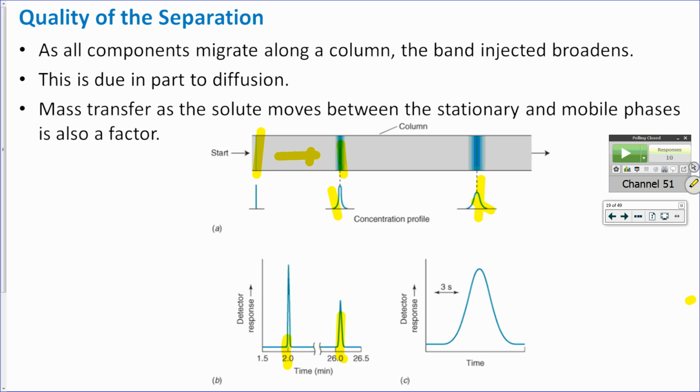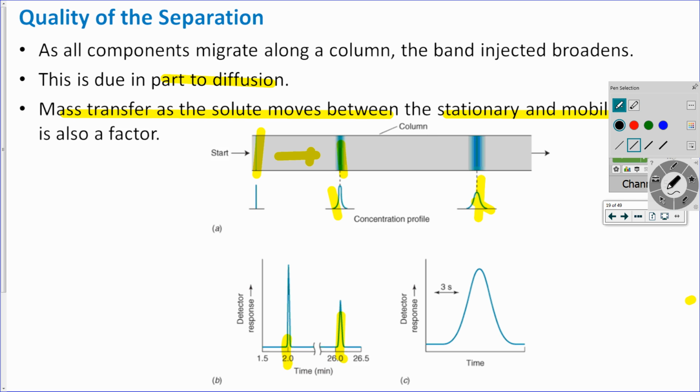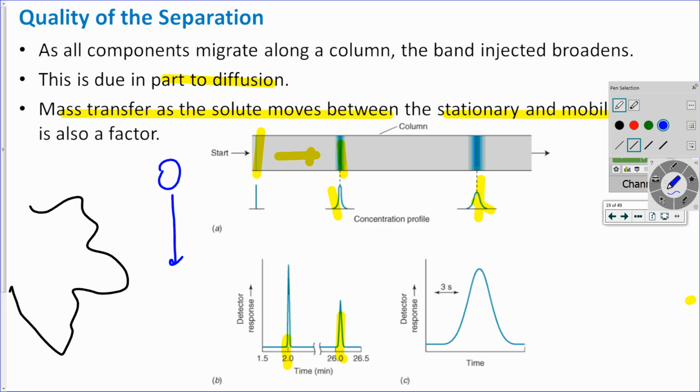Part of it's due to just molecular diffusion. Another part of it's due to mass transfer effects. So you've got the solute transferring in and out between the mobile phase and the stationary phase. If you want to think of what's going on with a particle at a molecular level, you've got a particle here, and you've got a solute molecule that was in the mobile phase moving along, and it decides, hey, I'm going to partition in the stationary phase.